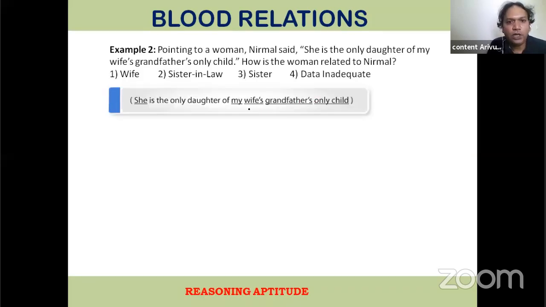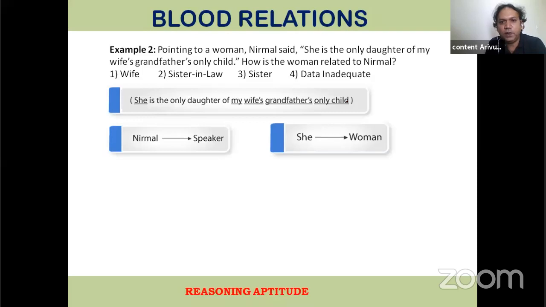She is the only daughter of my wife's grandfather's only child. See, grandfather's only child. Nirmal is the speaker. She is a woman. Now, to make it simpler for you, let's understand. Grandfather's only child means what? Only child of grandfather means father or mother.